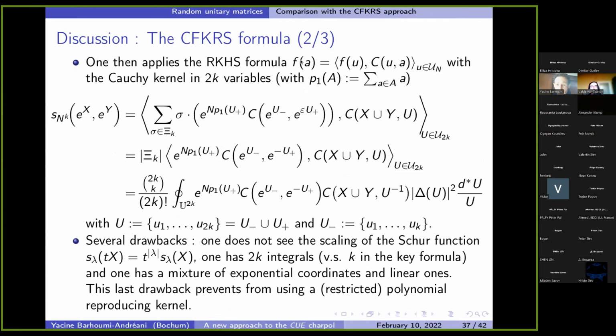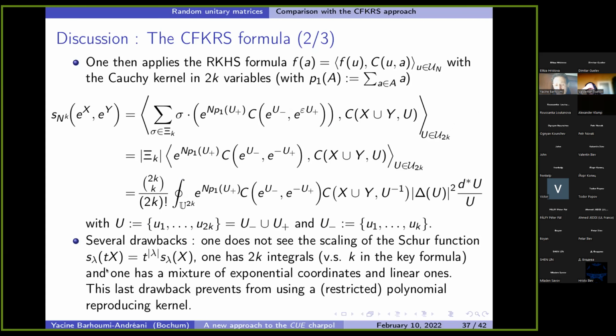And then they use the reproducing kernel formula, but they use it with 2k variables. You can choose the number of variables, it doesn't change. The minimum number of variables is k, but you can take 2k. So you use the Cauchy reproducing kernel formula. And because you integrate over them, the permutations disappear. So you have a combinatorial factor, which is the size of this subset of the symmetric group. And this is how you get this complicated formula.